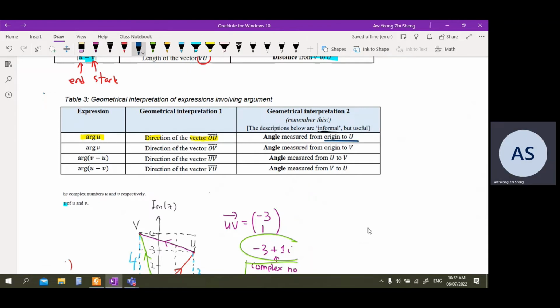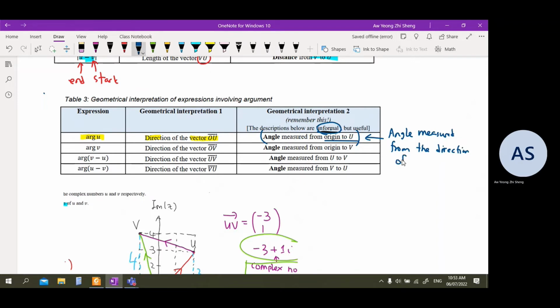I say this description is informal because the complete description is actually the angle measured from the direction of the positive real axis to the direction of vector OU.